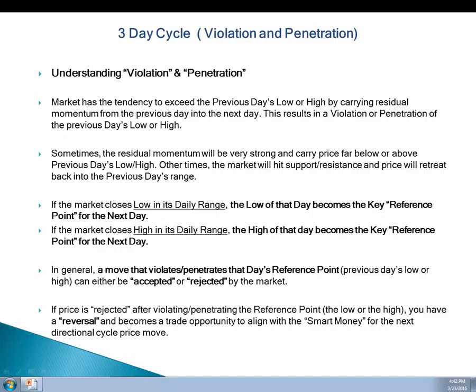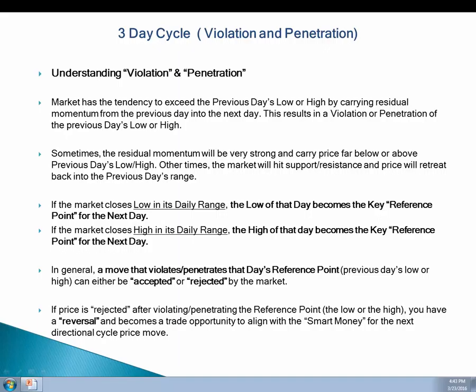So for instance, a violation is simply a break of the prior day's low, or an expansion of the range to the downside. A penetration is a penetration of the prior day's high for an expansion to the upside. Understanding those two terms is important when we discuss the 3-day cycle, and again, I use these terms quite a bit.